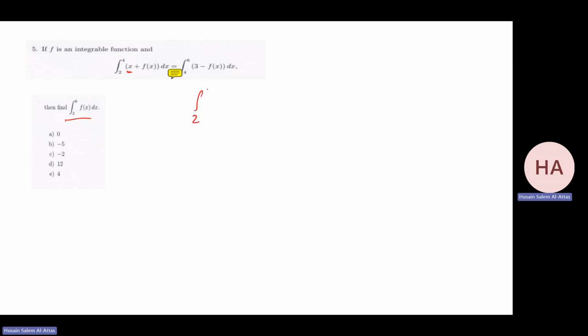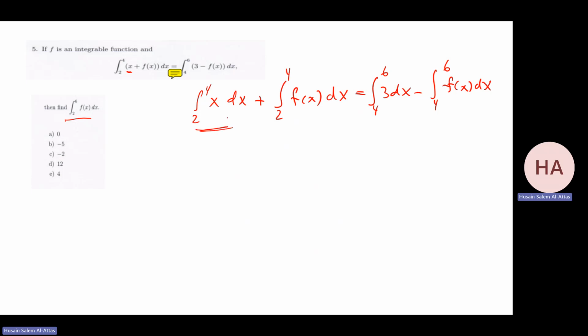So if I split it, the integral from 2 to 4 of f of x dx plus the integral from 4 to 6 of f of x dx. For the integral, you can do it using the area idea, or I can do it using the calculation. This is the only difference. The same question we did before.